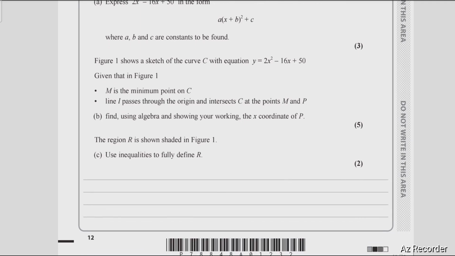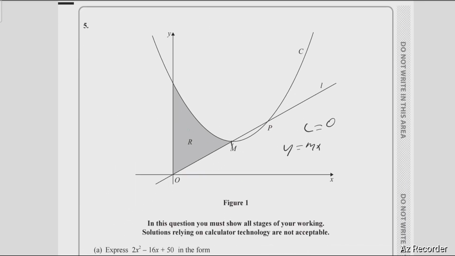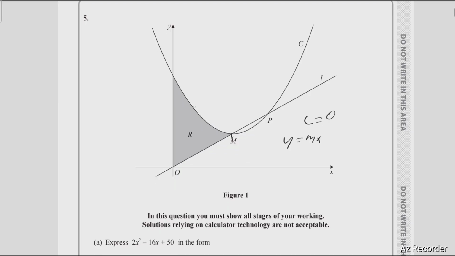Question C. The region R is shown shaded in figure 1. Use inequalities to fully define R. Okay, so that's the shaded region that he wants. So, since it's inside the parabola, it must be less than the equation of the parabola.